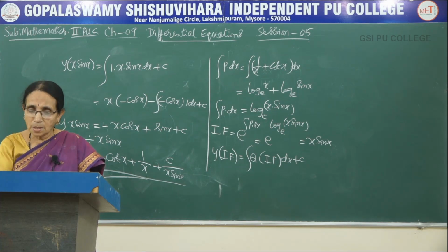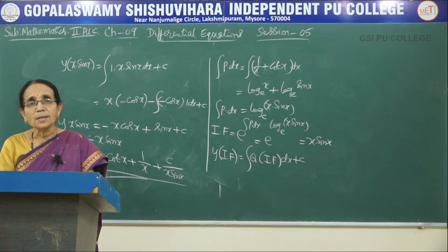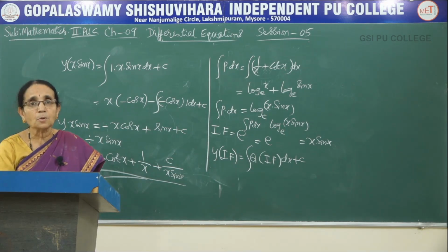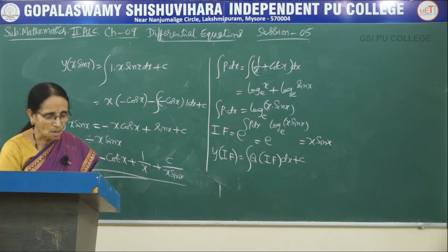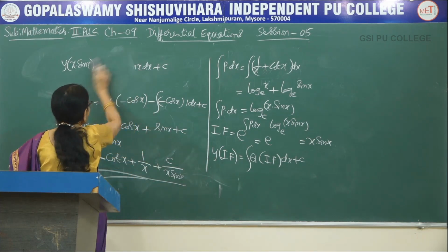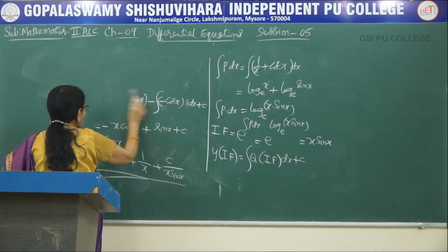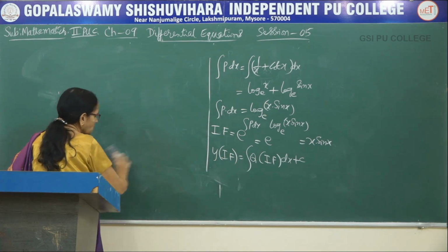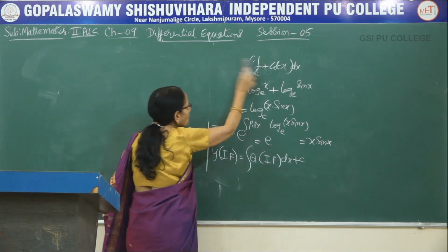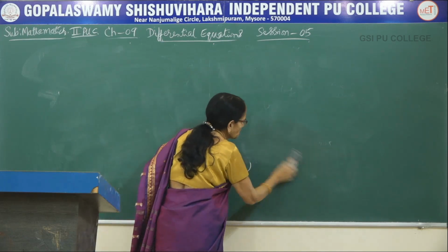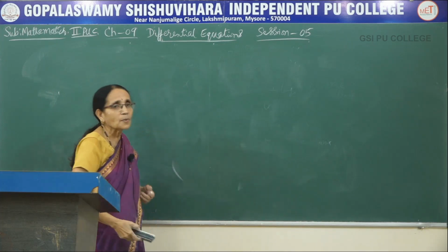So these are the problems where we have made use of the linear differential equation, but in all of them I have calculated the general solution. What do you mean by the general solution? When you do the integration of the function, then we always get an arbitrary constant, that is called the general solution. When a particular value for x and also for y are substituted, then we get the value of c, and automatically it will be called a particular solution, okay, because we know the exact value of c.